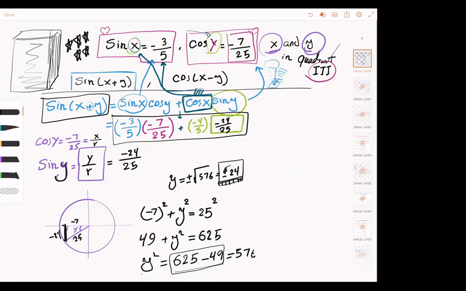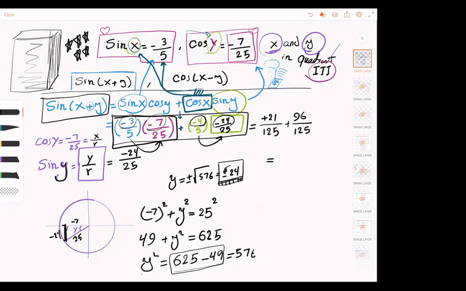Okay, Karen gone. So this times that, we have plus 21, 3 times -7 gives us positive 21, divided by 5 times 5, 5 times 25 is 125, plus -4 times -24 gives us positive 96. 5 times 25 is 125.